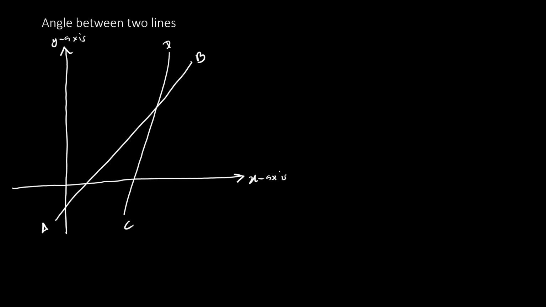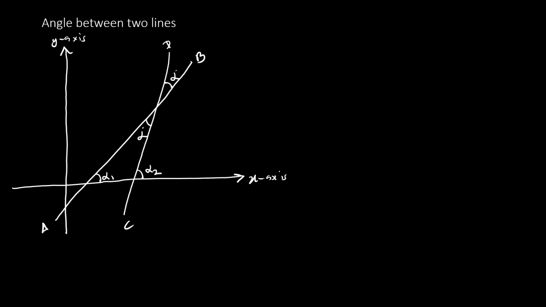So if you are looking for this alpha, which is the angle between these two lines, we are naming this as alpha 1 and this as alpha 2. This as alpha, opposite angles are equal, so we have alpha here, we also have alpha here.